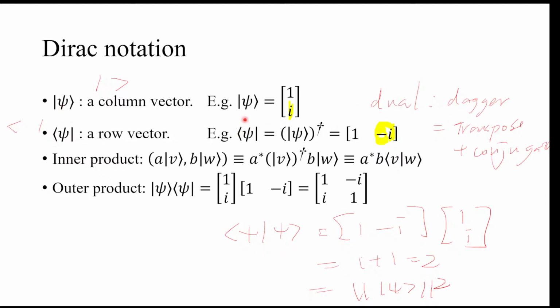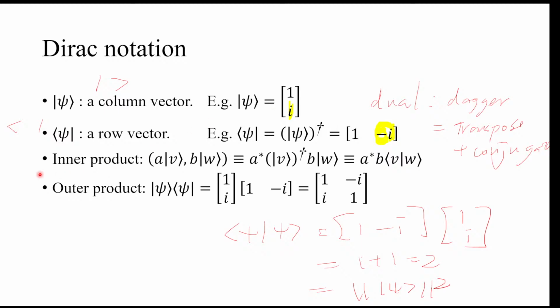For example, if you already have this ket vector here, then the bra vector is its adjoint, or the dagger operation, or transpose conjugate. So you transpose this vector and conjugate: it becomes 1, i in a row vector, and you conjugate, so this i becomes minus i. So we have this adjoint operation.